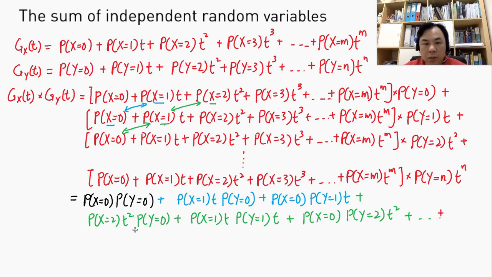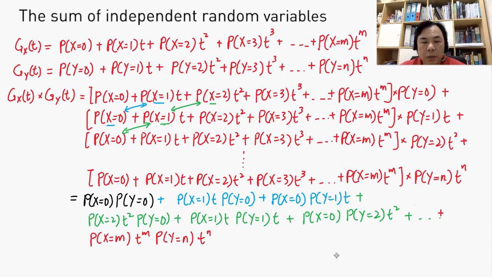So I'm going to write it down. The only last term that we have is here. That will be Px equal to m, t^m, Py equal to n, t^n. Right, now that will be our last term in this case, right? So I hope that is clear at this point.